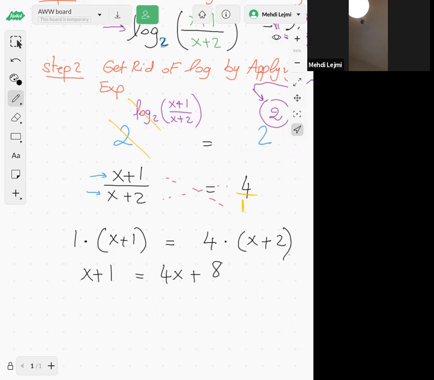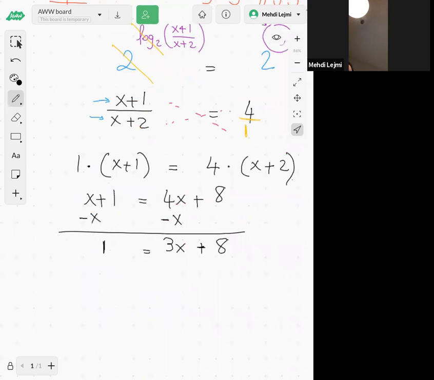Well, I have to move all the x's to one side and all the constants to the other side, right? So you can, for example, subtract x here. So there'll be 1 on the left, and 4x minus x, that will be 3x, plus 8.